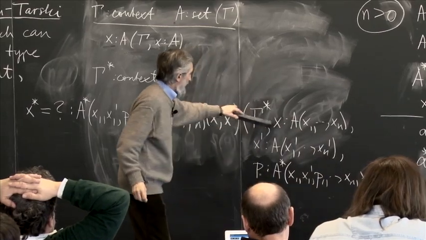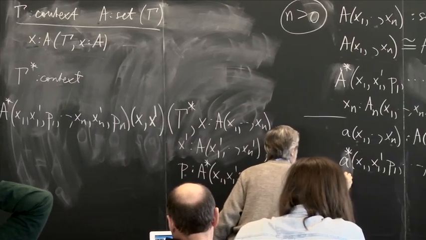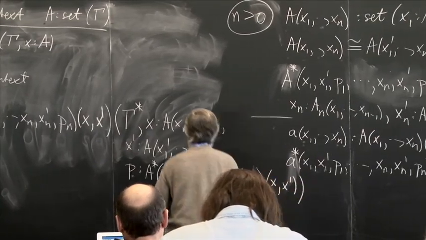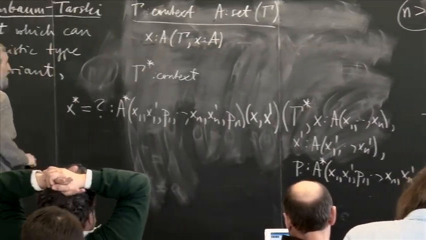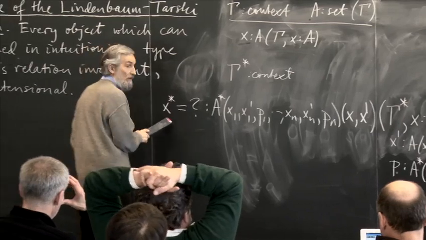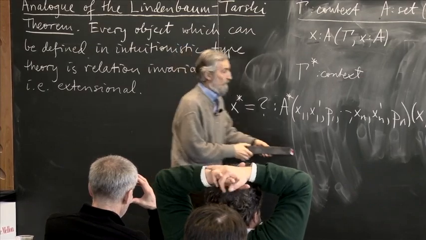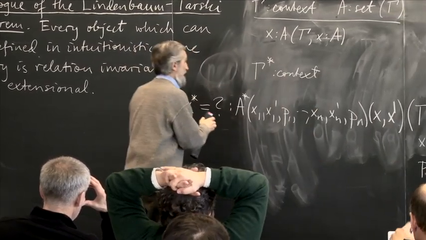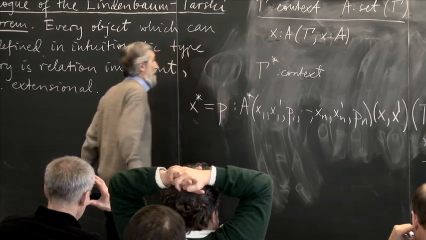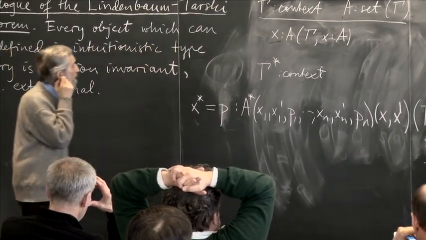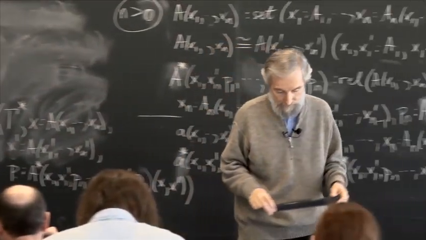And it should relate x and x prime. So now it's clear what the interpretation of x here must be: p simply, because p has the right type here. So that deals with the variable case.